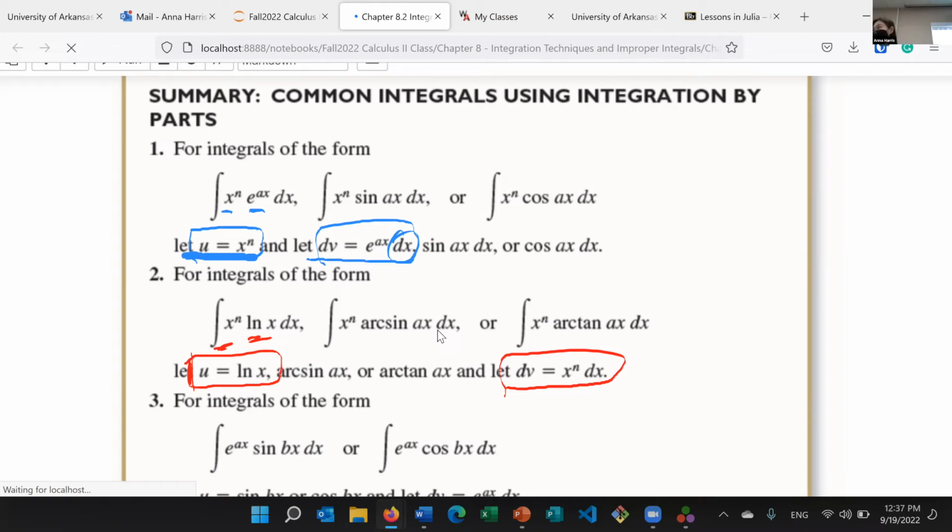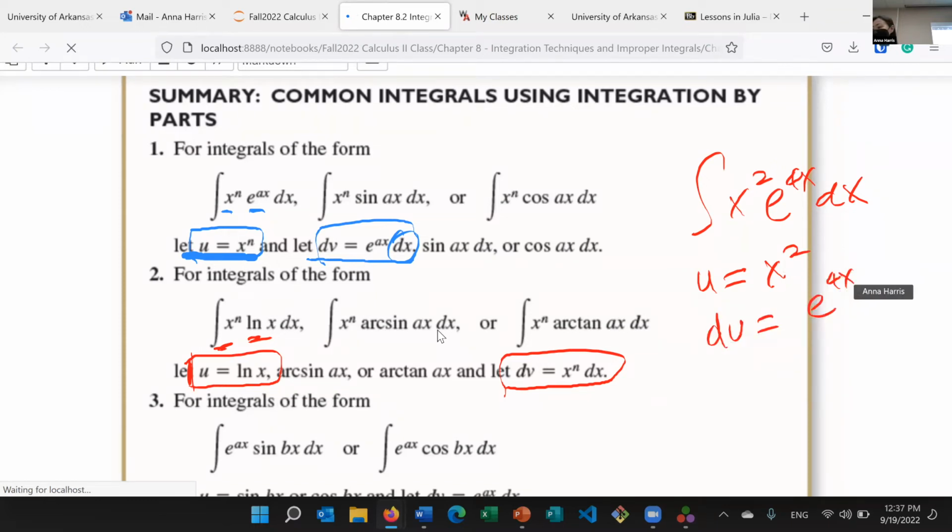I'll give you this, but you need to be familiar with it. So what you just learned: if you have x squared and e to the 4x dx, it told you to use u to be x squared and dv to be e to the 4x dx. Are you with me, class? It gave you a hint.